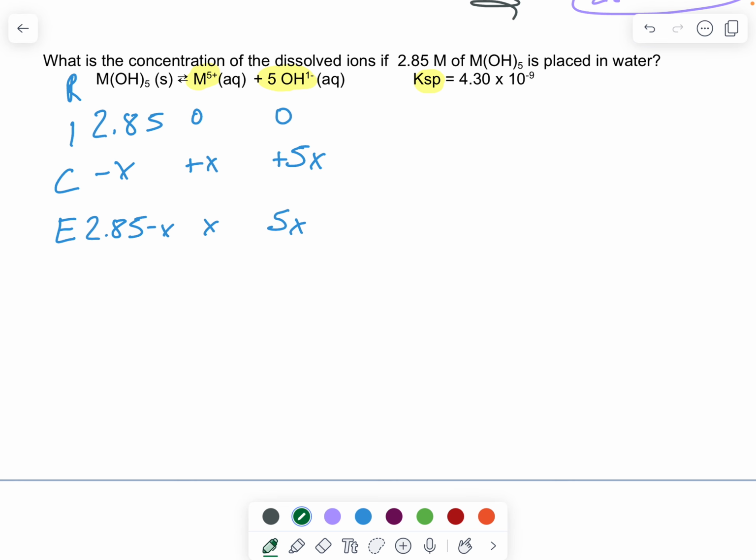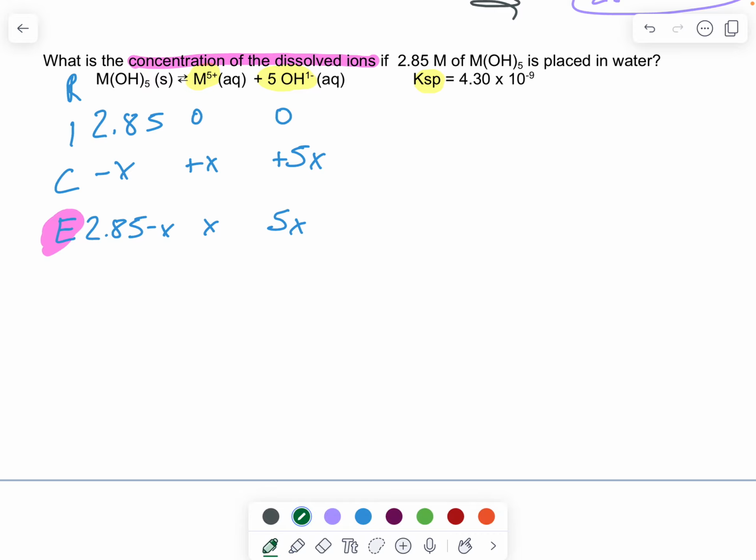But the question asks, what is the concentration of the dissolved ions? This is just like the other K problem where it asks what's the concentration. When I'm asking you for the end information about concentration, I'm asking you for E. E is the concentration at equilibrium.